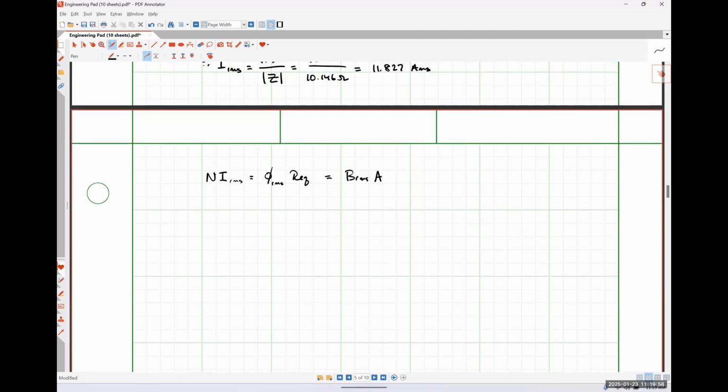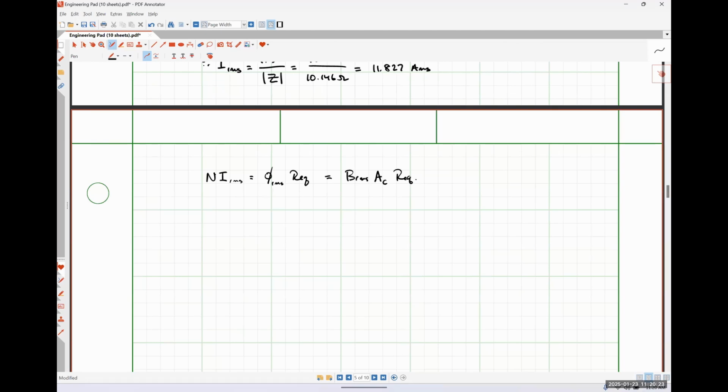Let's do the core. BRMS times AC times REQ. If I had used the area of the air gap here instead of the area of the core, the number would be slightly different, but we're going to get something very, very similar regardless of which one we use because the areas are so similar.